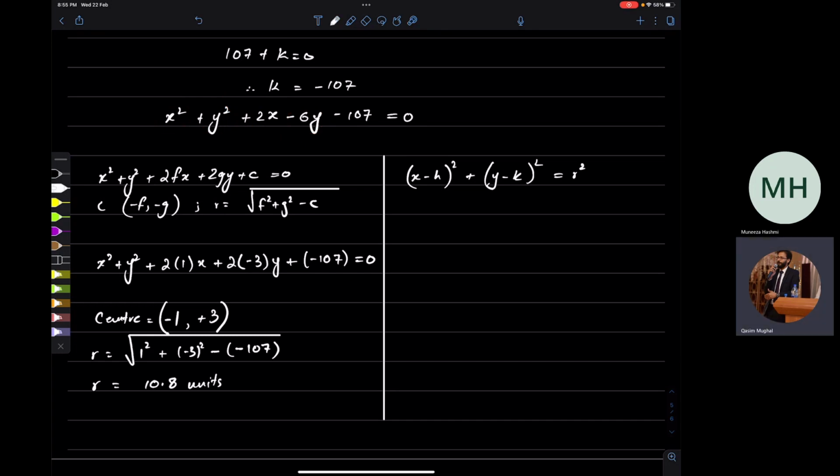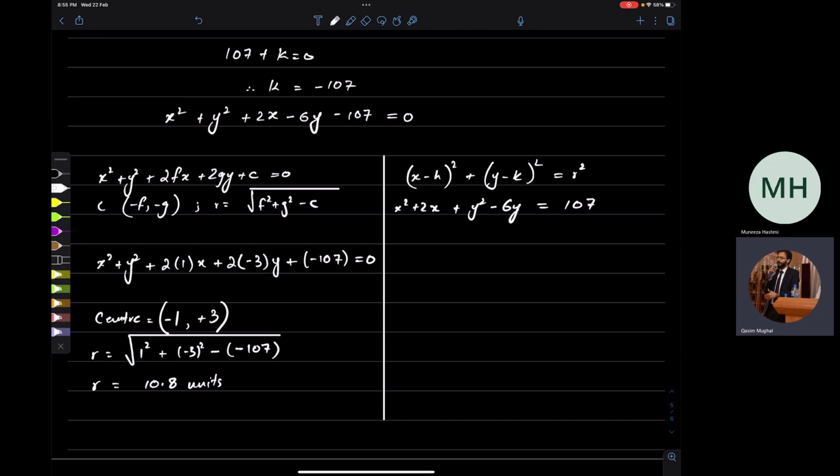That leaves me with x squared plus 2x plus y squared minus 6y, and then the constant term at the end equals 0. Or you can take the constant to the right hand side right in the beginning, because eventually you'll be moving all the constants to the right hand side. So it's going to be plus 107 on the right hand side.